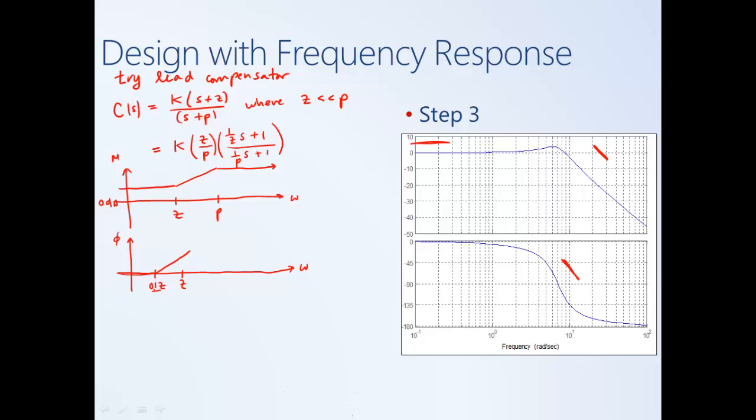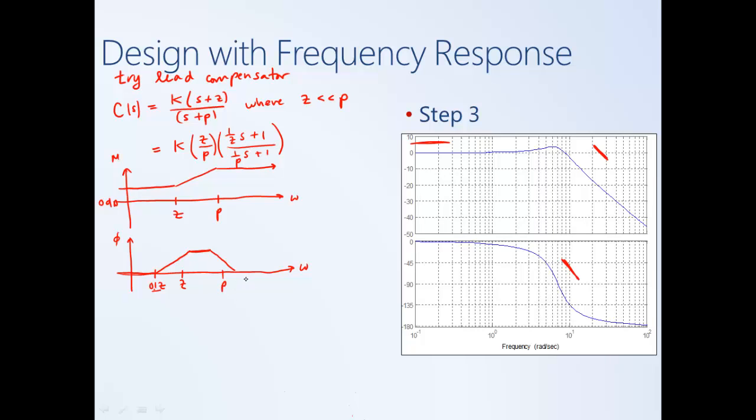So once the pole comes in, the phase is sloping up because of the zero, and the phase is sloping down because of the pole, and it approximately cancels. So it'll eventually level off. Then it will start going down again, either when the zero runs out or the pole comes in.